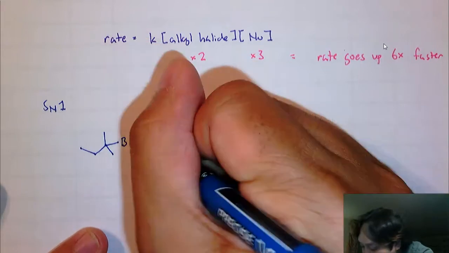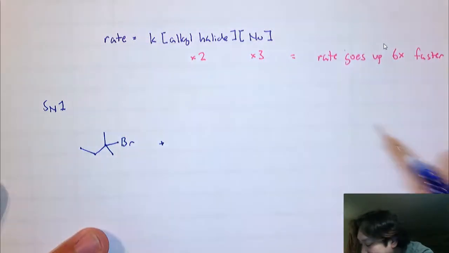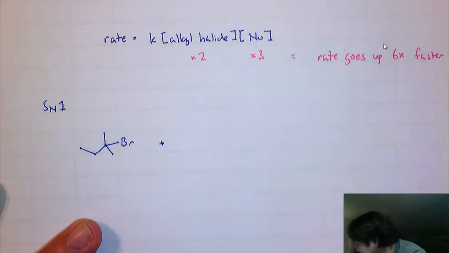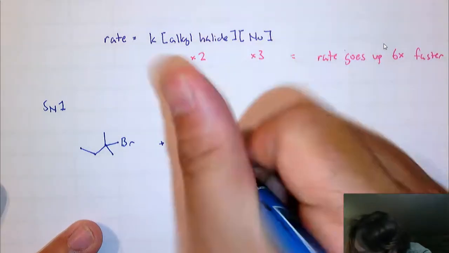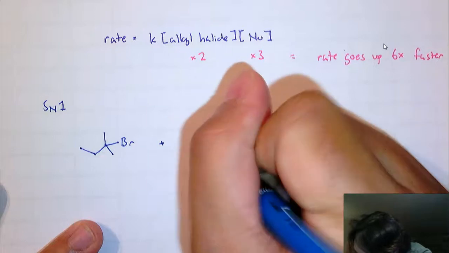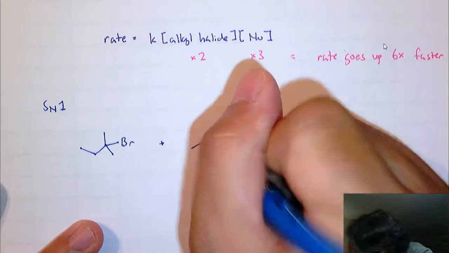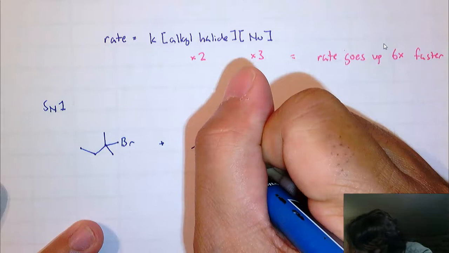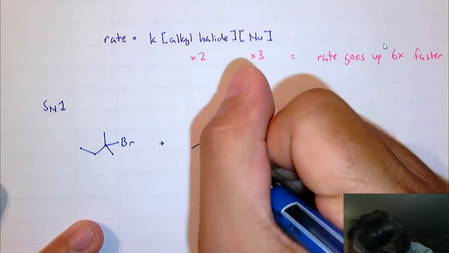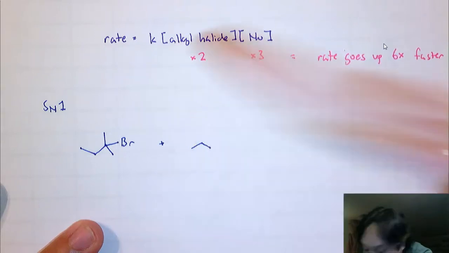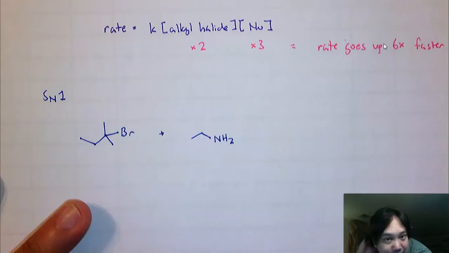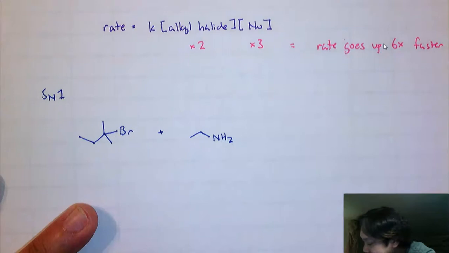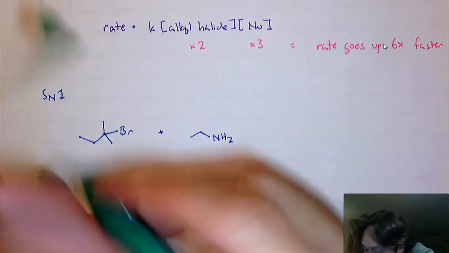The other thing that I can do to switch it over to SN1 is use a poor nucleophile. So the poor nucleophile that I want to use is, how about this one? I'm going to use something a little bit tricky. Okay. But we know that this is the alkyl halide, and it's now tertiary.